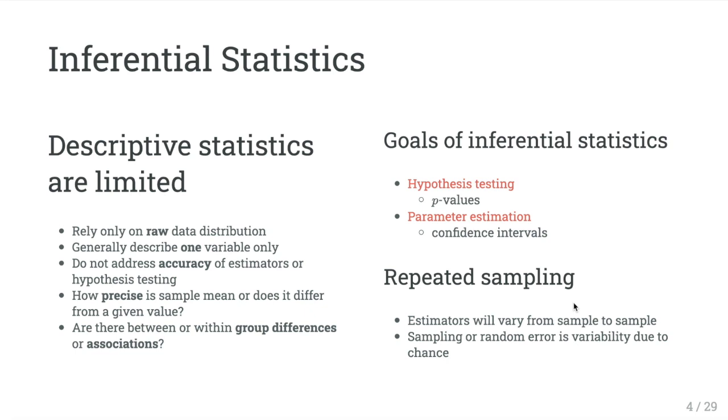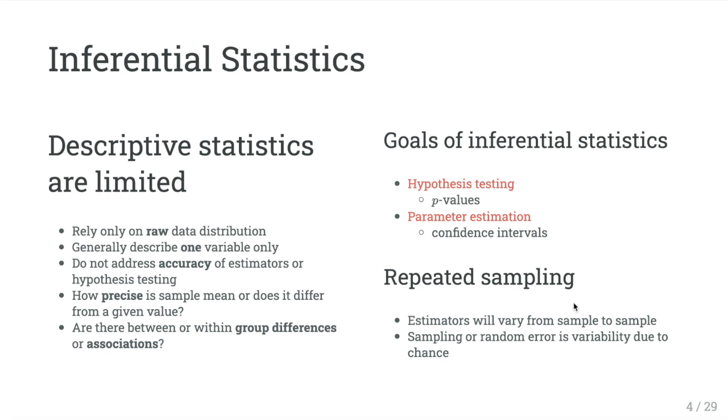One of the issues that we run into with inferential statistics is that our sample is not perfect. The estimators will vary from sample to sample. So when we take a sample, we know that our estimates are at least somewhat specific to our sample and won't perfectly represent the population.